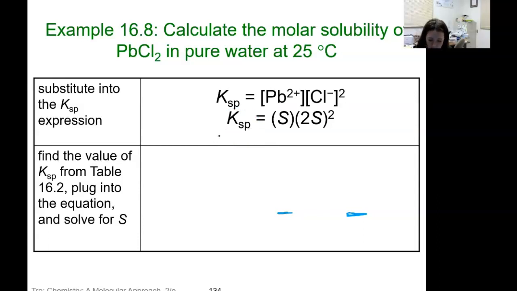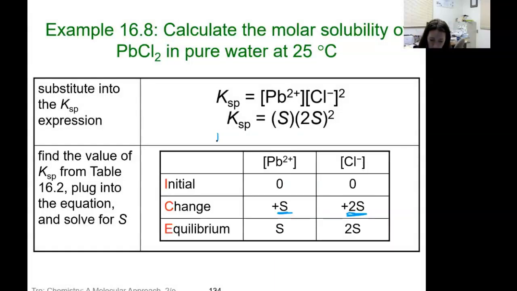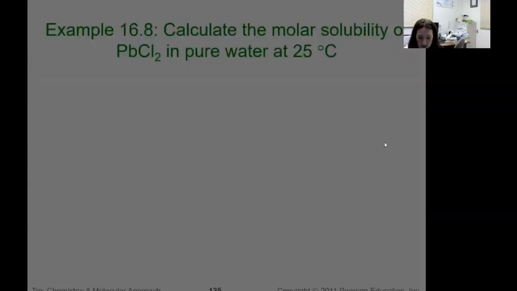The KSP is, sorry, 1.17 times 10 to the negative 5. Again, this is from the table. And then we're just going to solve for S, and that's our molar solubility. So we're just going to solve for our S now.